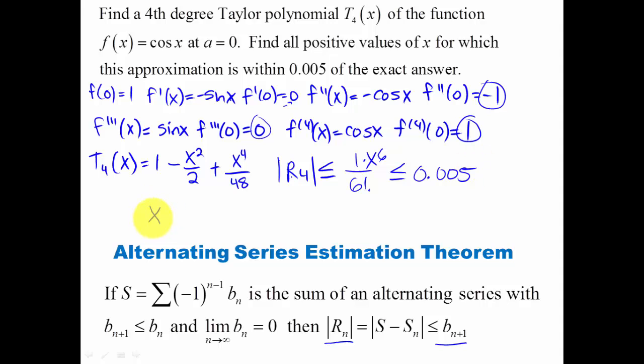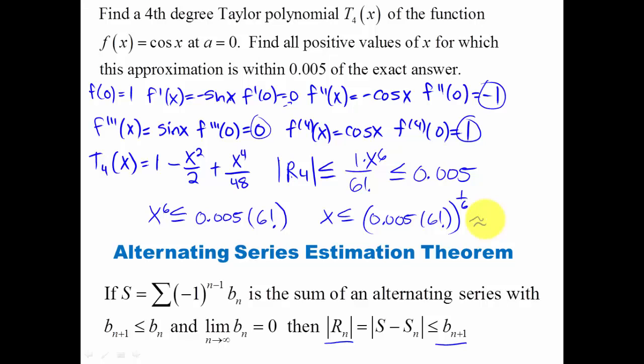So we need x to the 6th to be less than or equal to 0.005 multiplied by 6 factorial. And now x would just need to be less than or equal to the 6th root of 0.005 times 6 factorial.